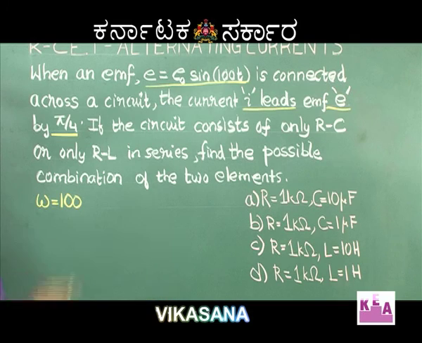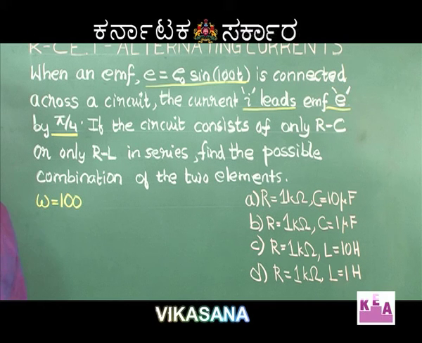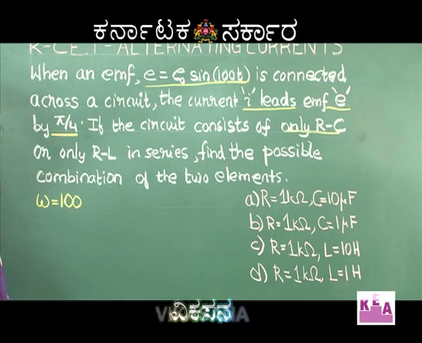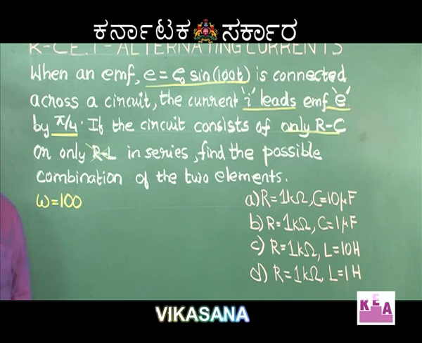So this statement, the current I leads the EMF by pi by 4, is very clearly telling us that our circuit is not going to contain RL, but it is going to contain only RC. Therefore, only RC components we are going to consider, and RL is not going to be there.